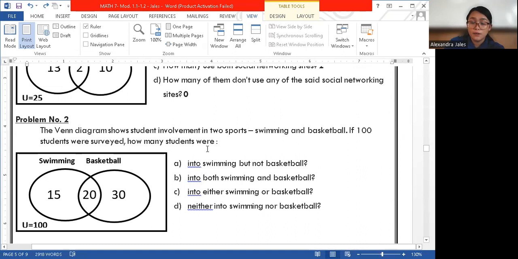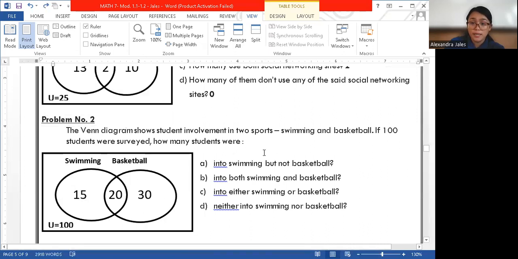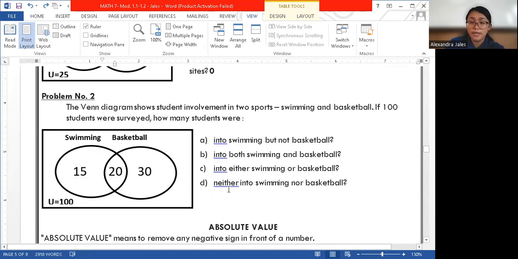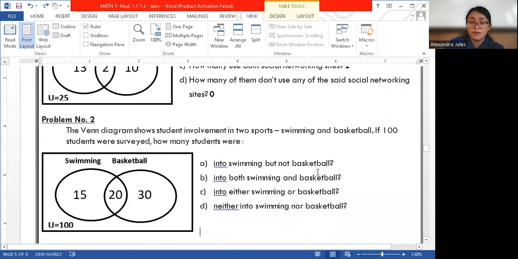Again, in your 1/4 sheet of pad paper, write your name and write problem number 2 and answer this question. Submit your paper to your teacher later.